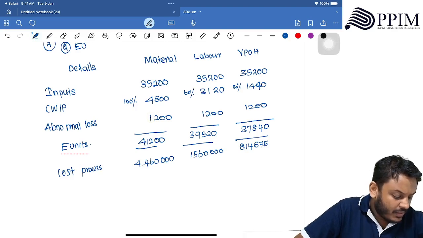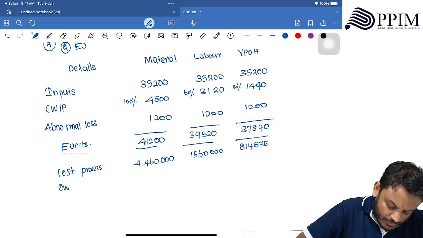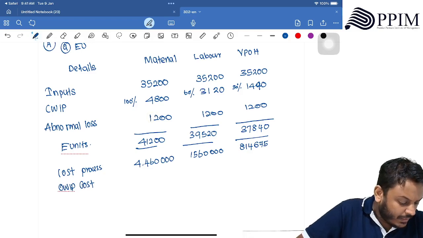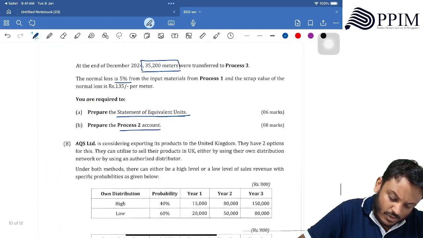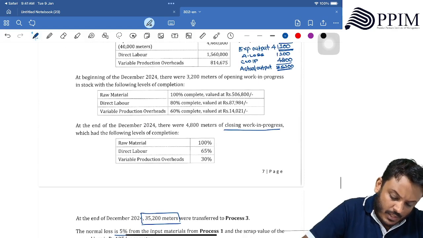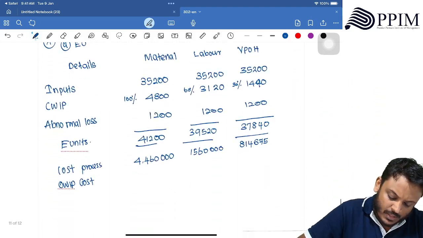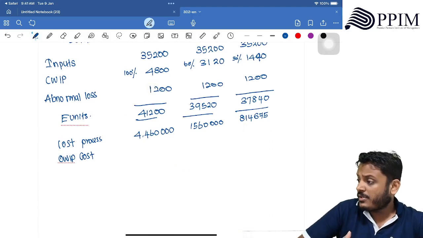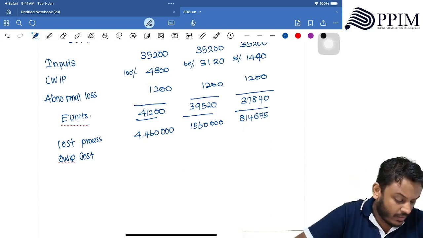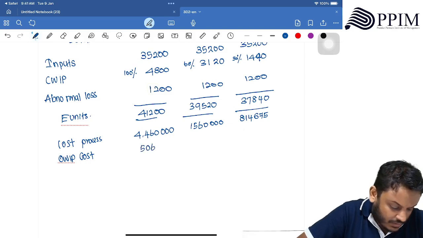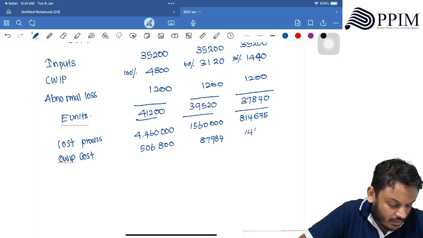And they gave the opening work in progress cost details directly: 506,800, 87,984, 14,021. Most of the information in process costing is straightforward and direct.